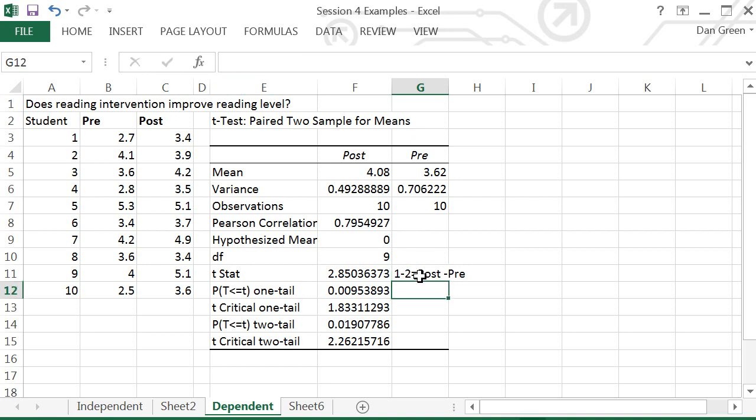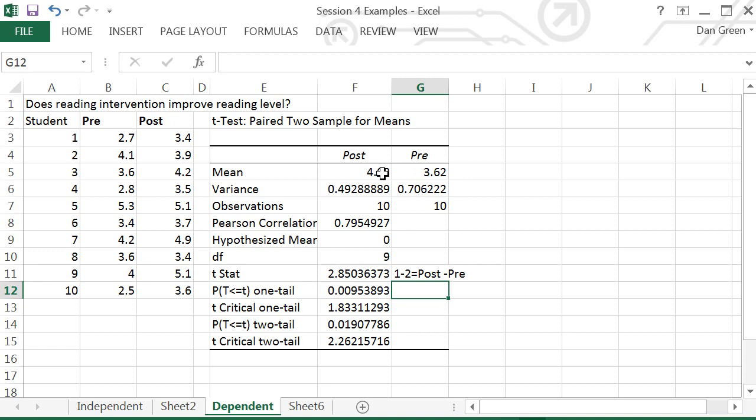So that's the t-score that goes with post minus pre. It's a positive t-score, which means that we have a positive difference. So the post-test actually is greater than the pre-test, and we can see that here. The mean for the post is 4.08, the mean for the pre-test is 3.62. So there's an increase in the grade level of reading.